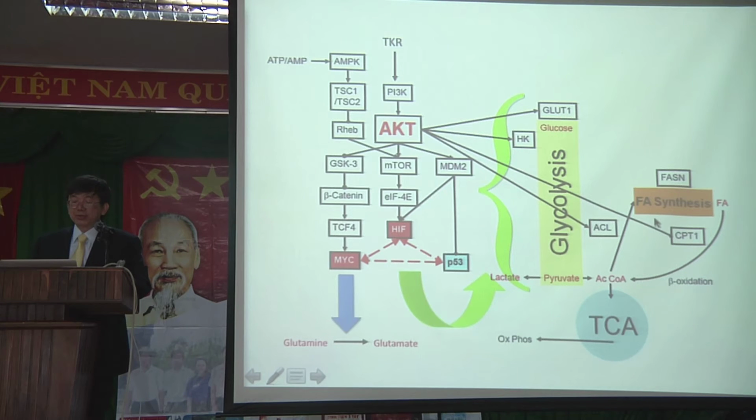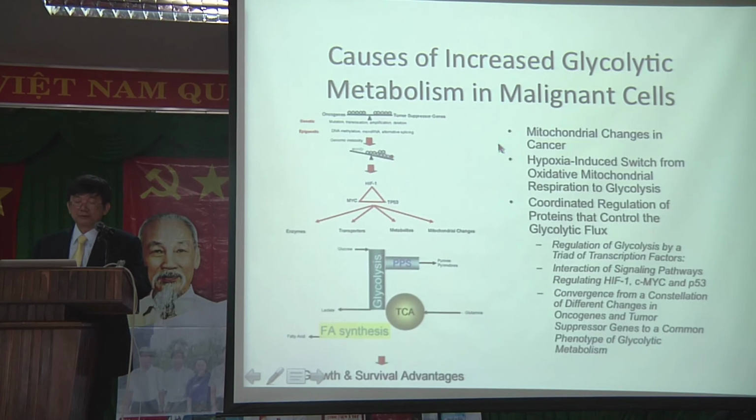Another important aspect is the phosphorylation of CPT1 that regulates the beta oxidation of fatty acid. AKT would also regulate hexokinase 2 for glycolysis, and AKT also regulates the fatty acid synthesis as well.